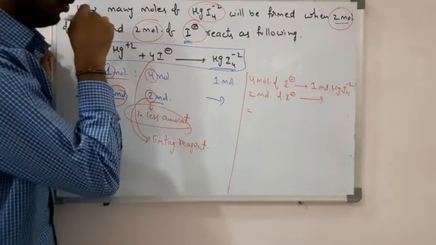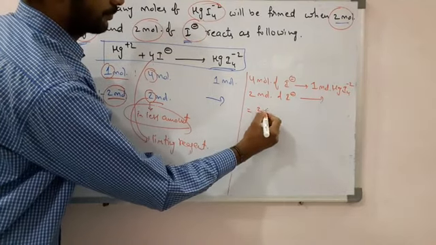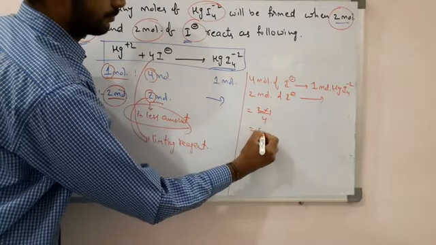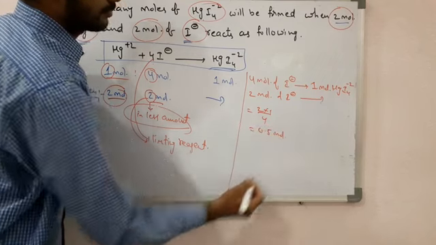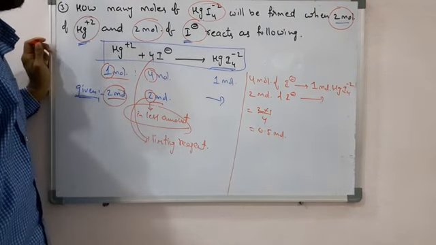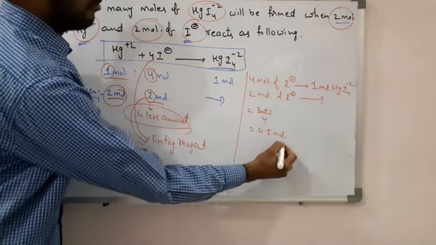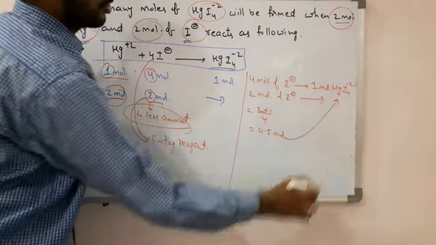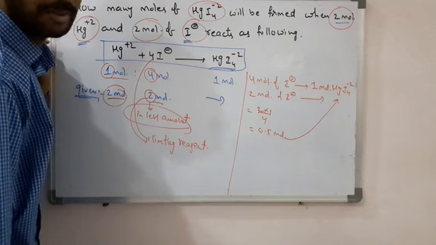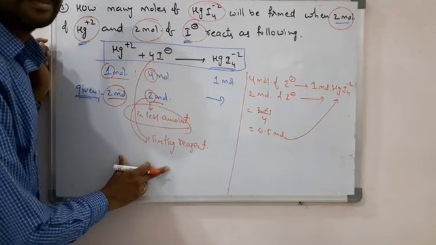That is equal to 0.5 moles. So 0.5 moles of HgI4 minus 2 is formed. Okay, let's take it.